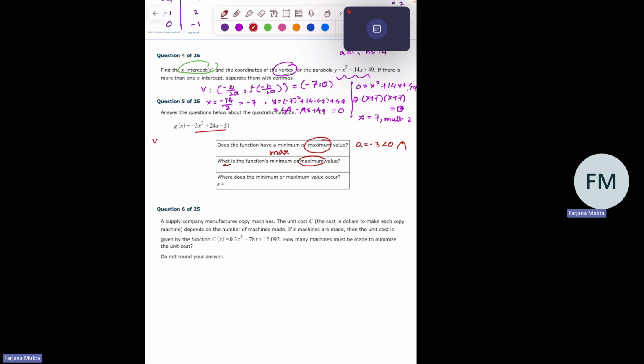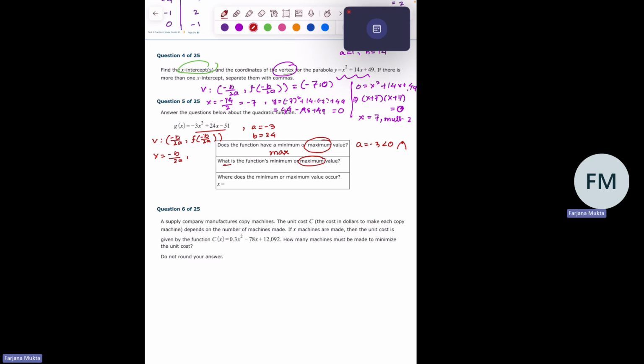Use the formula negative b over 2a, over f of negative b over 2a. Do the algebra by yourself. So here a is negative 3, b is 24. Find the x coordinate and find the y coordinate for the corresponding x value that we find.